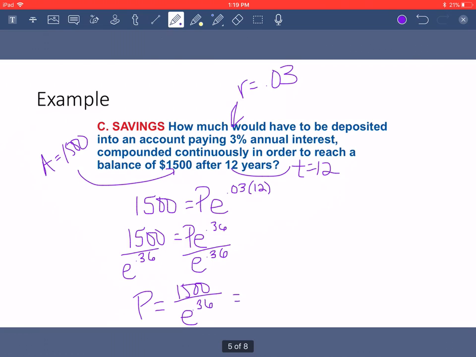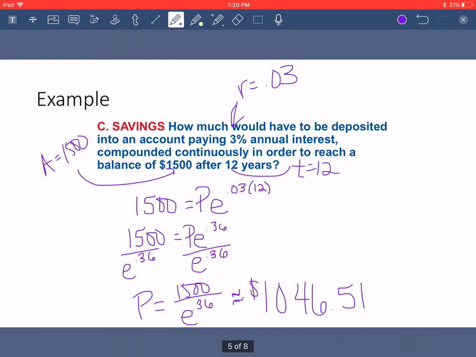And I get $1,046.51. So that's how much I would have to deposit into an account, and in 12 years, I would get $1,500.